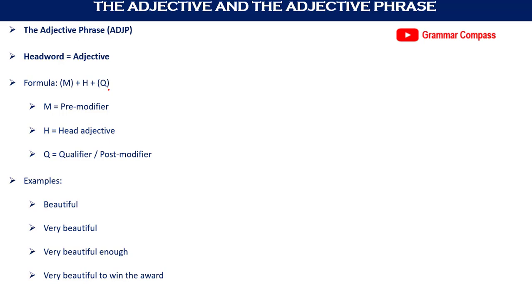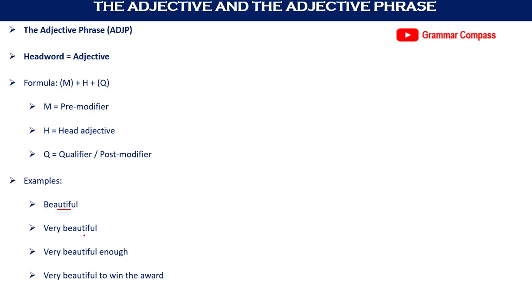So in an adjective phrase, only the adjective is the obligatory element. So let us give these examples. Beautiful is an adjective. Since it is an adjective, it is the head word and it has no modifiers and no qualifiers. This is the minimal realization of the adjective phrase.